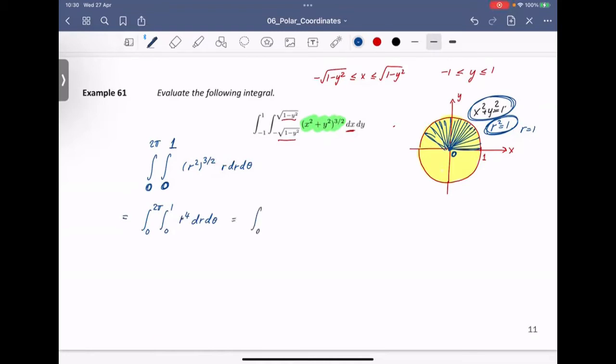And then you get the integral from 0 to 2 pi of r to the 5th power over 5, from 0 to 1. This is the integral from 0 to 2 pi of 1/5 minus 0 d theta, and that is 1/5 times the integral from 0 to 2 pi d theta, and that is 2 pi over 5.